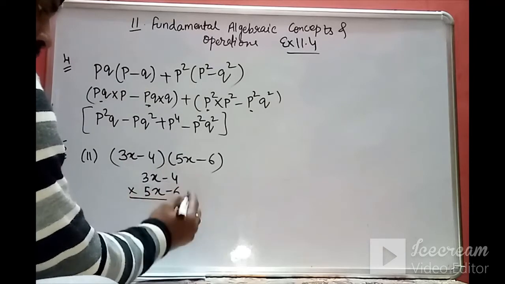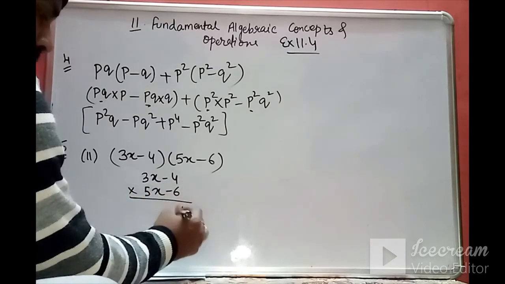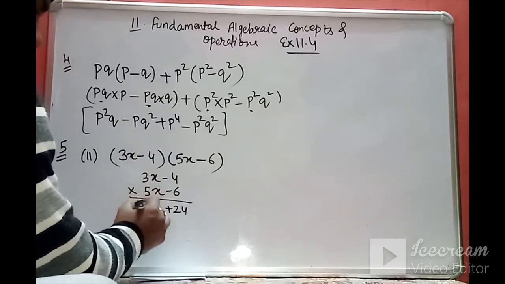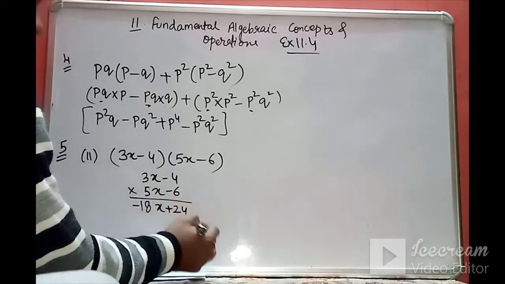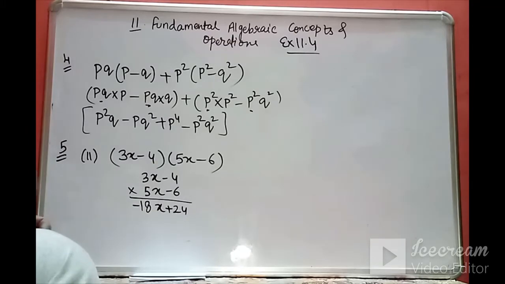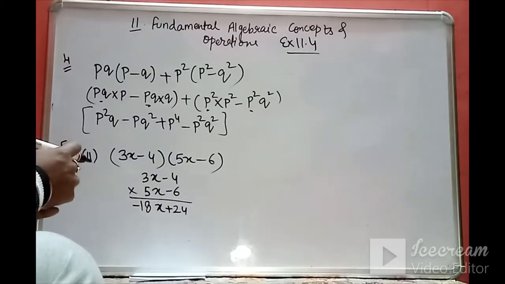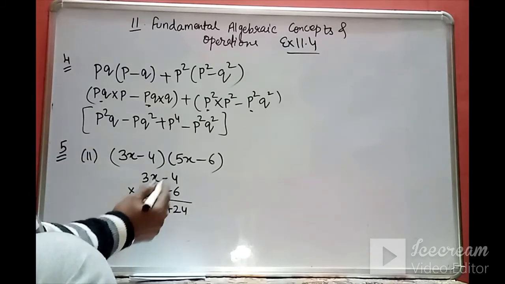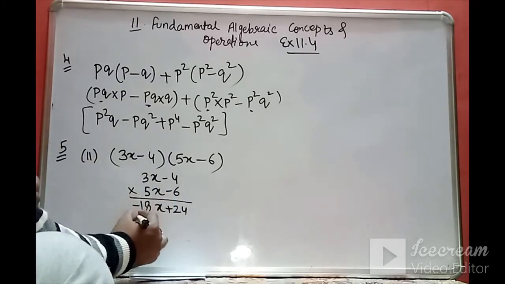So minus 6 into minus 4 will give you plus 24. Minus 6 into 3x will give you minus 18x. Then, like we put 0 whenever we are multiplying two numbers, that we will not do. We will simply keep on multiplying. So 5 into 4 will be 20x.